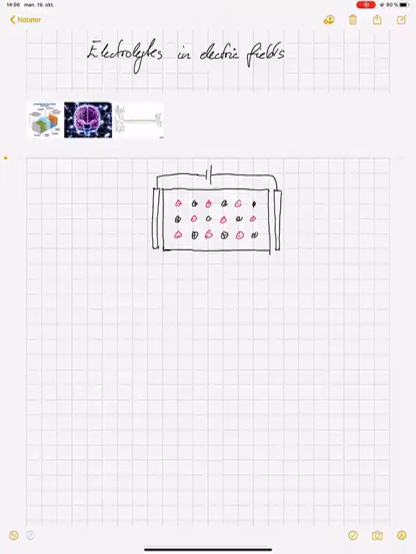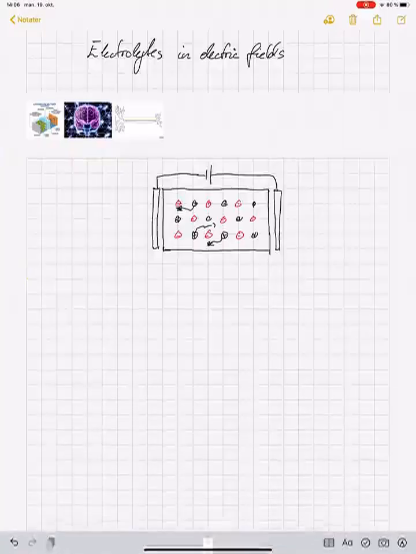In this example the positive ions are mobile, they can move around, just like in the lithium-ion battery, and the negative ions are stuck in place. And we've got two electrodes, one on each side of the cell.